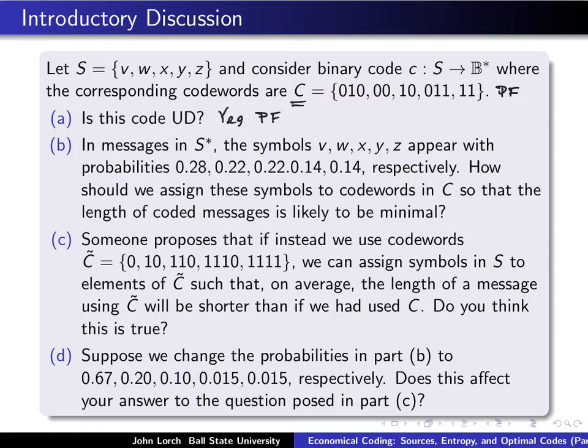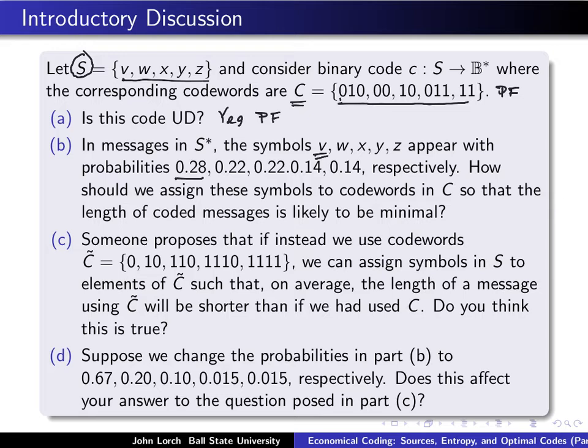All right, now our alphabet, S, has 5 objects, and our code has 5 objects. And if we're going to use the code C for alphabet S, then we need to assign the elements of S to the code words that are in C. So here in part B, we're going to assume that if we form messages out of alphabet S, that the letter V will occur with probability 0.28.